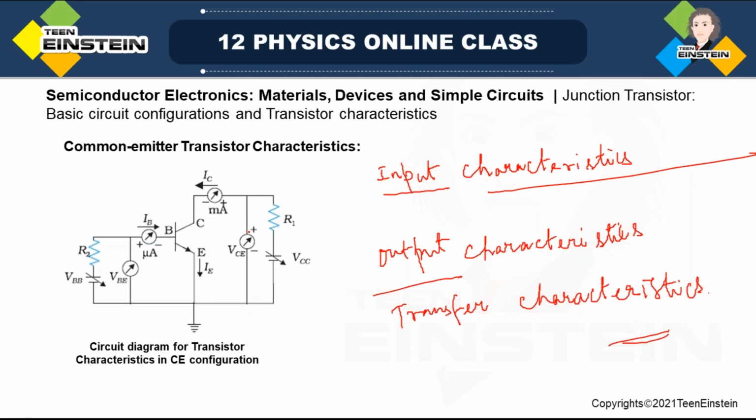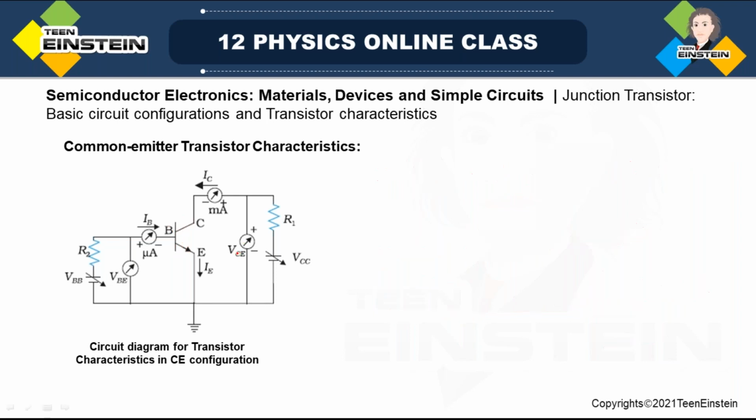This can be subdivided into two. So there will be a drop across the CB junction, and there will be a drop across the BE junction. So this will constitute the total VCE voltage.